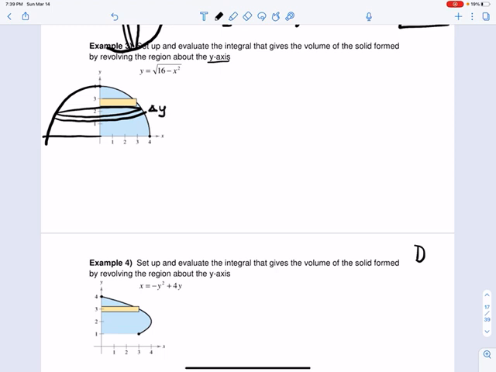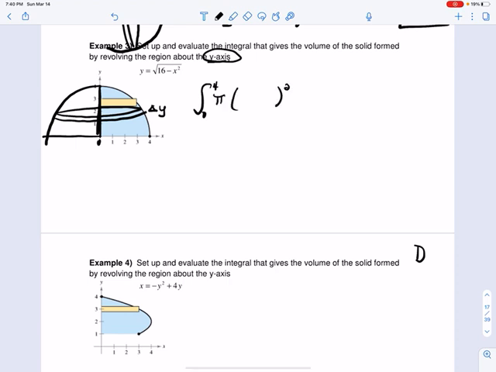So everything has to be in terms of y. So when we revolve about the y-axis and you have a disk, everything is in terms of y. So I'm going to go between 0 and 4. Your limits now build this way. Okay, so 0 to 4, pi.